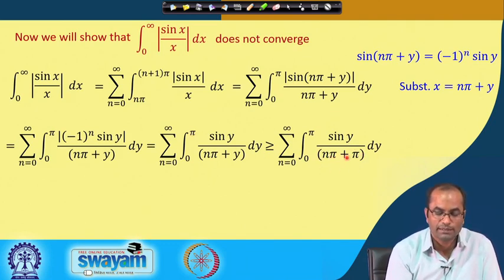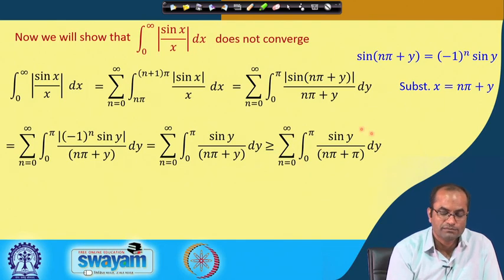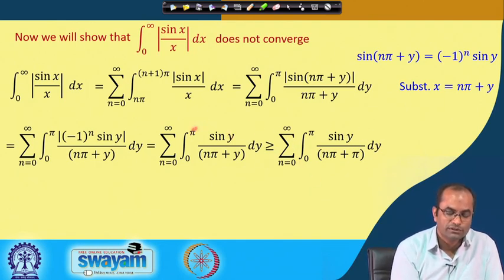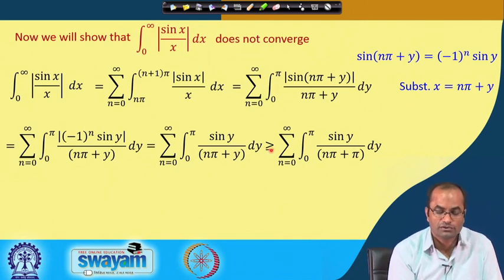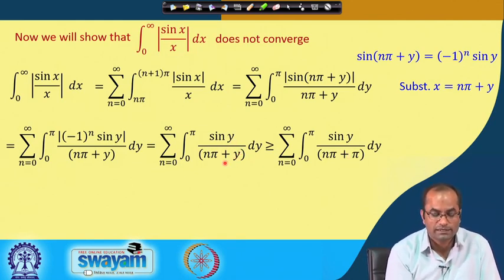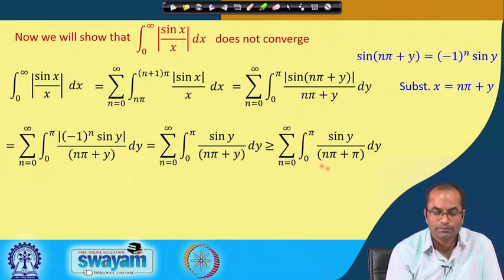So, we have nπ + π. So, this y is replaced by this π, so that this integral becomes a smaller integral, and therefore we have this inequality that this integral is larger, because the integrand is now taking a lower value. The denominator was replaced by the highest value, which is π there, so nπ + π.